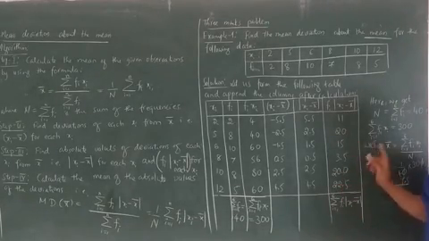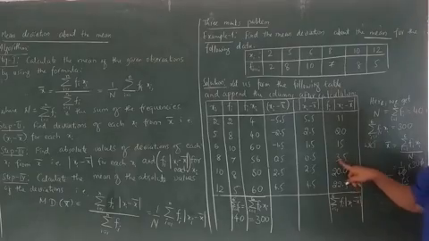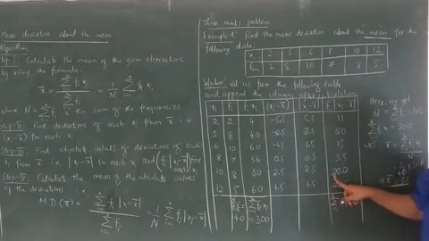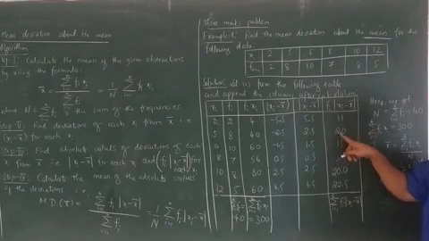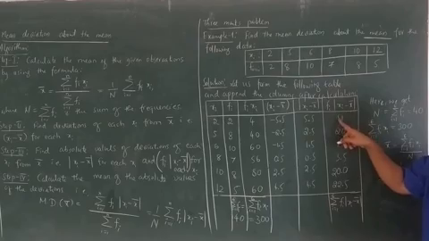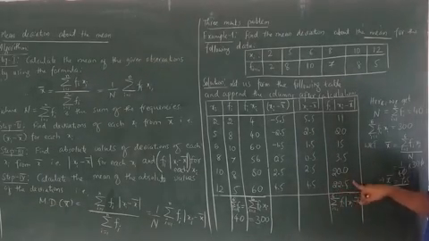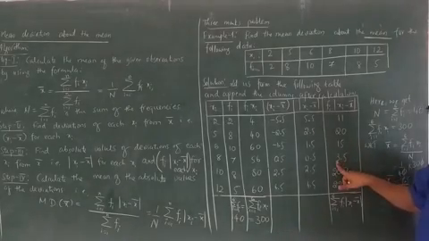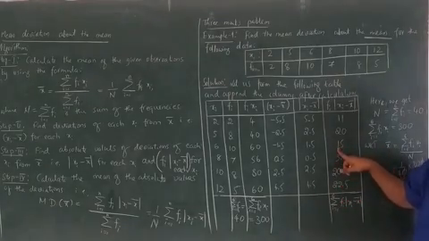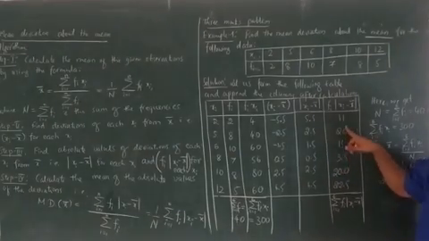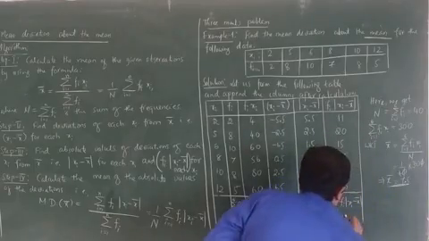Now add all these things: 11 plus 15 is 26, 26 plus 3.5, 29.5, 29.5 plus 20, 49.5, 49.5 plus 22.5, that is equal to 92 exactly.